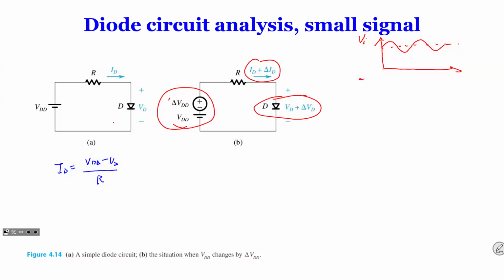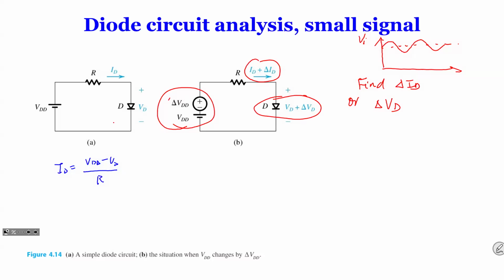So our goal is to find delta ID. For this one, we're going to have to bring back the diode model.